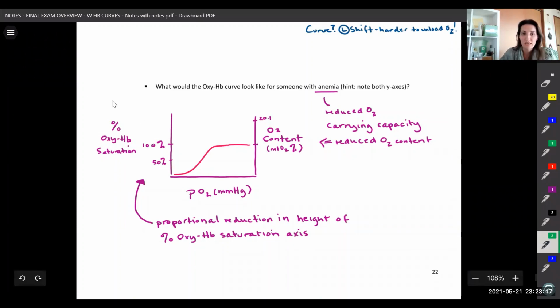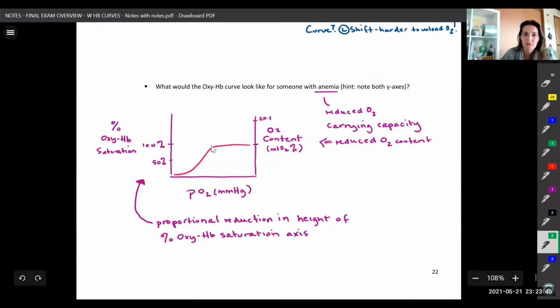So we see a reduction here in the height of the percent oxyhemoglobin saturation axis. The 100% saturation we have to bring down to scale correctly with their oxygen content. They're fully saturating their 7.5 grams of hemoglobin to get that oxygen carrying capacity of about 10 milliliters O2 percent.